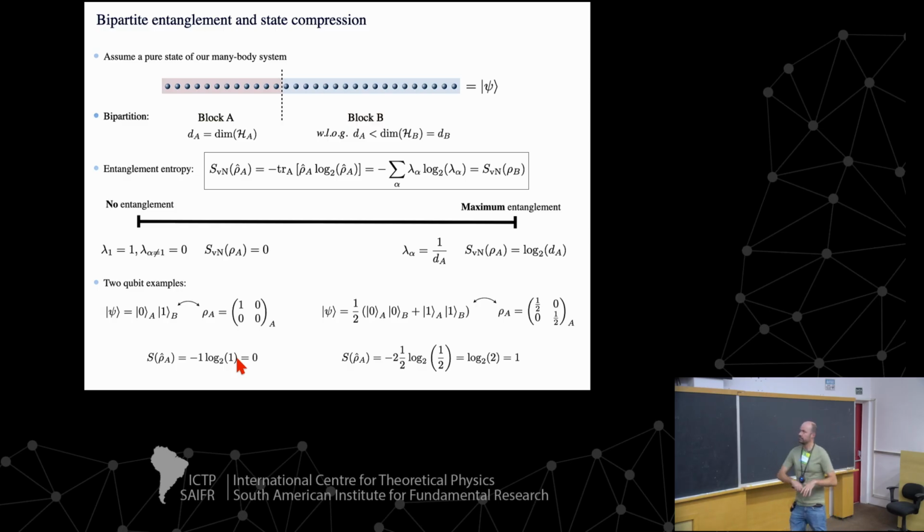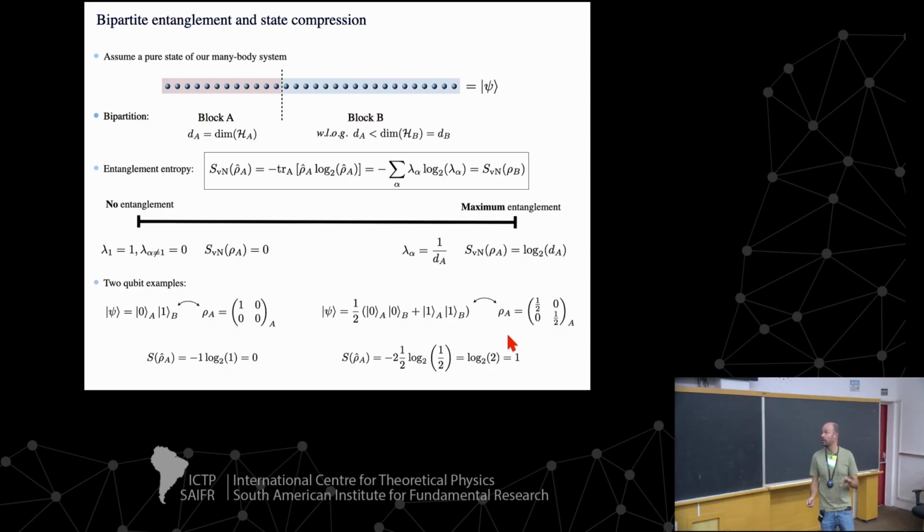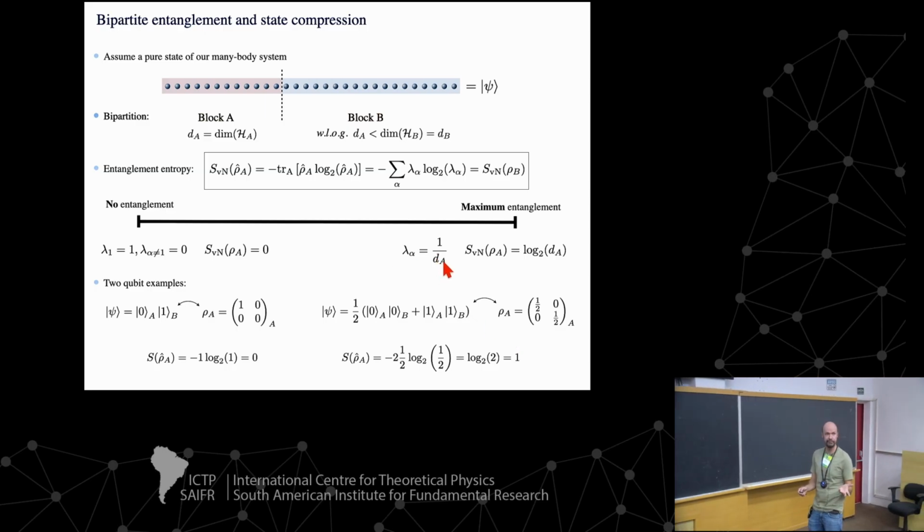On the other hand, if I go to the other extreme and ask what's the maximally entangled state, well, for 2 qubits, it was when I wrote my reduced density matrix with these 2 eigenvalues, 1/2 and 1/2. And this is generally true. If I have a probability distribution and all the probabilities are just 1 over the number of probabilities that I have, then I have maximum entropy. I have no knowledge at all.